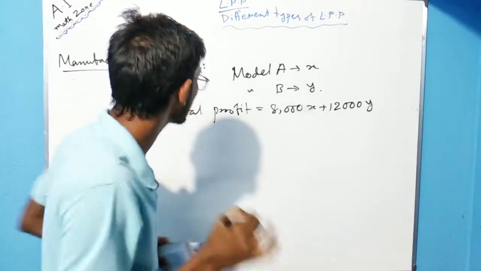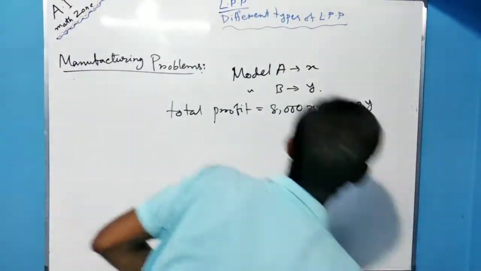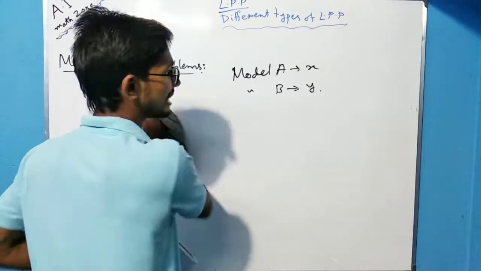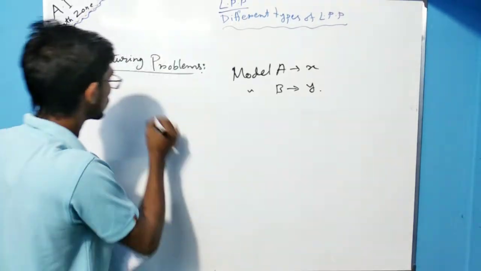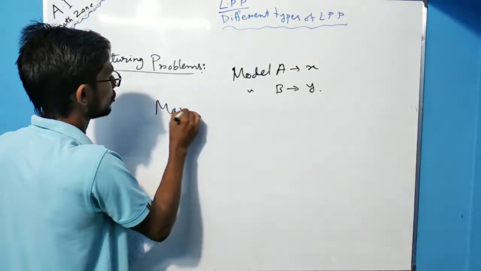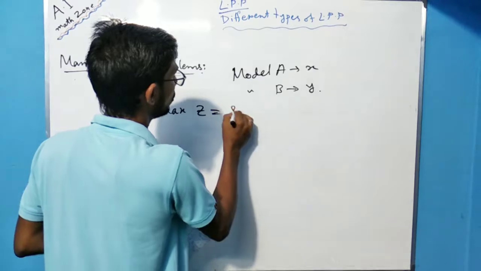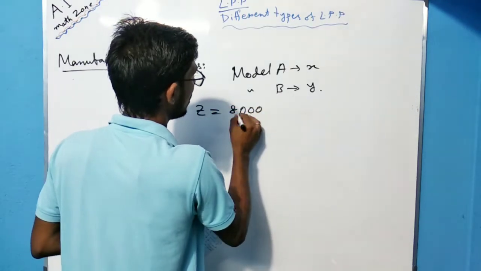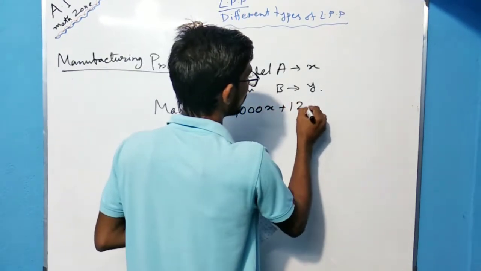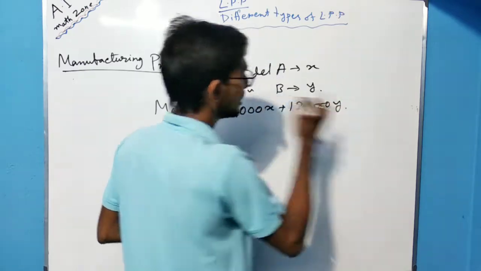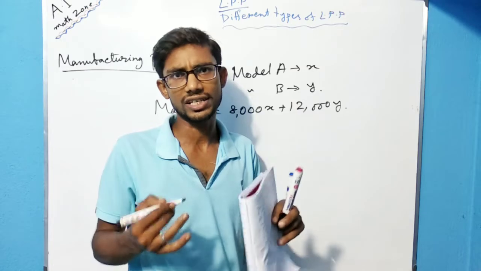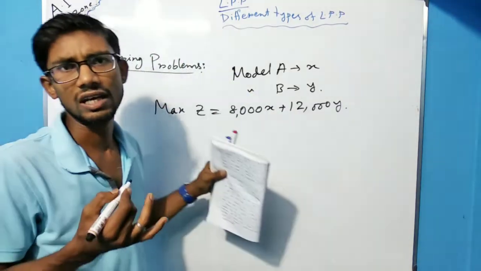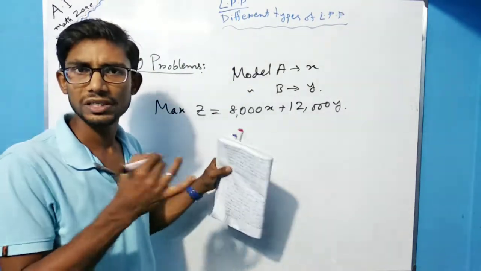So the objective function is Z equals to, you know very well that we denote the objective function with Z. And we have to maximize this profit, this amount, right? So max Z is equal to 8,000 X plus 12,000 Y. And we will construct the constraints, and the formation of L.P.P. is done, right?